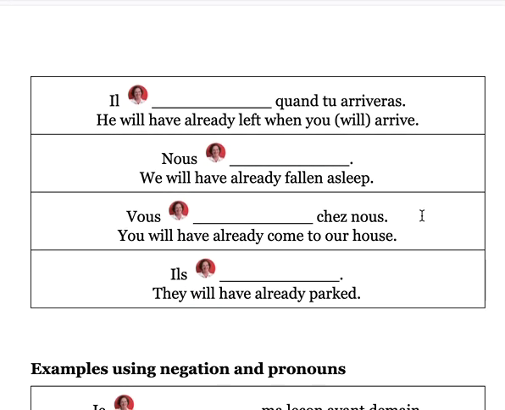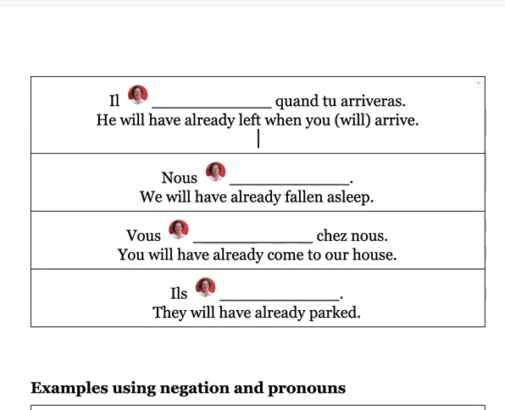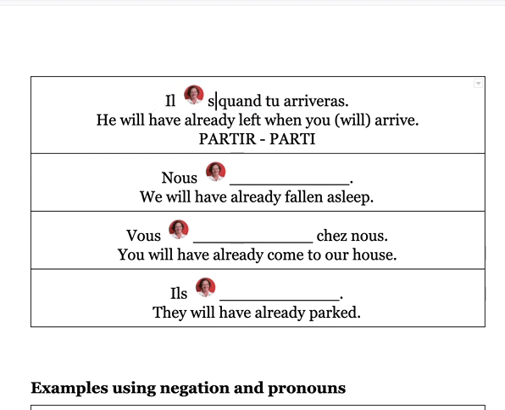Now look, he will have already left when you arrive. So that's the verb partir, past participle, parti, d'accord? Donc, il sera déjà. Many times you will see a déjà here. Il sera déjà parti quand tu arriveras. Quand tu arriveras.